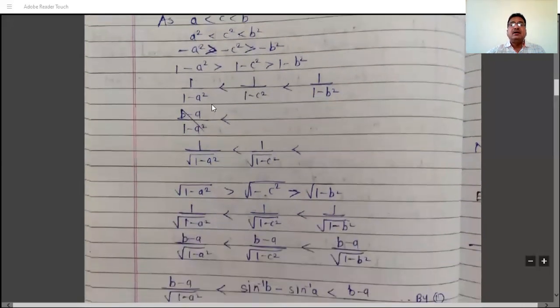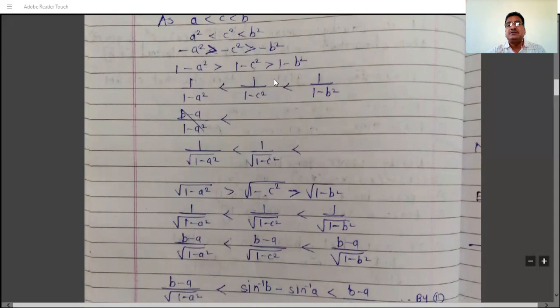Then take the reciprocal of all. If you take the reciprocal, and there is a greater than sign, then it becomes less than. And if there is a less than sign, then it becomes greater than. But there is a greater than sign, so it becomes less than after taking the reciprocal.